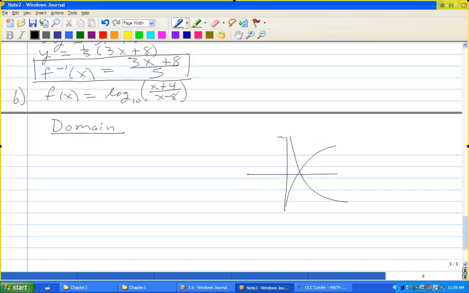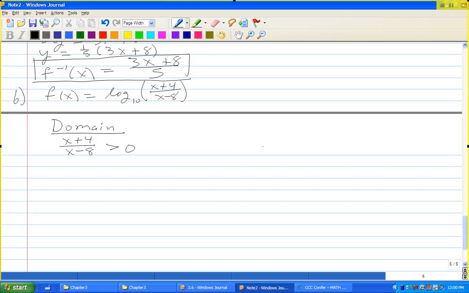But the function is not defined for values of x less than or equal to 0. It's only defined for values of x greater than 0. So the domain is just the set of all things inside of the log which are positive. So I want that x plus 4 over x minus 8 is greater than 0.